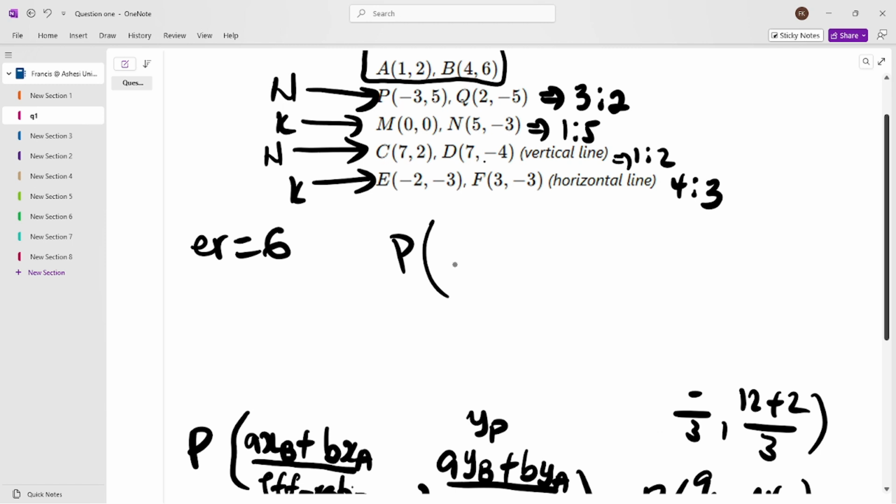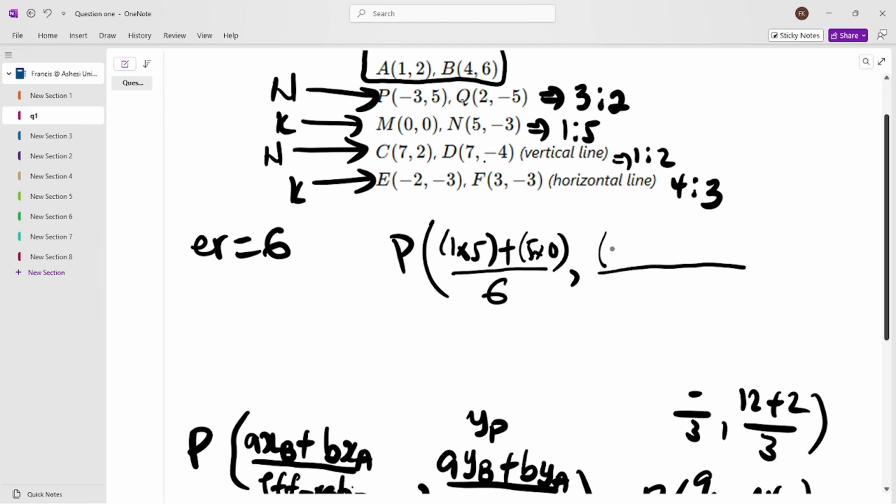So we have P into bracket 1 times 5 plus 5 times 0, all over 6.